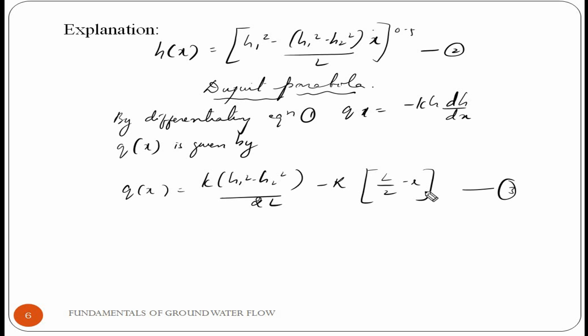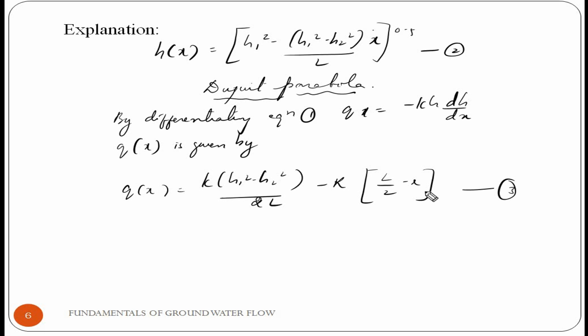If the water table is subject to recharge capital R, there may be a crest in the water table known as the groundwater divide. In this case, q of x will be 0 at the groundwater divide.